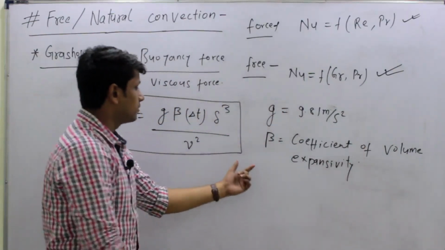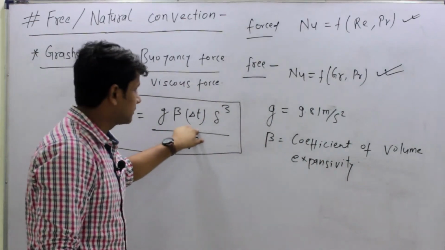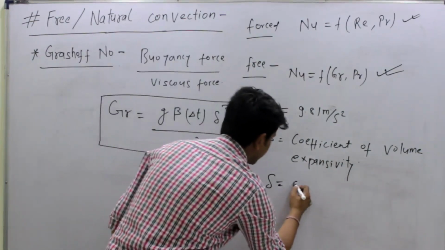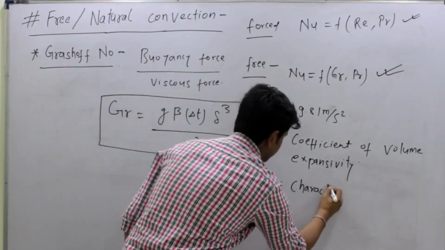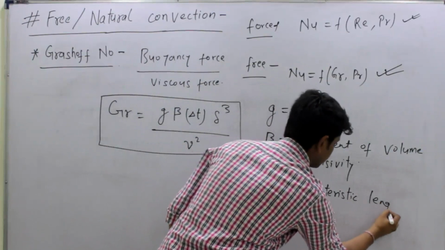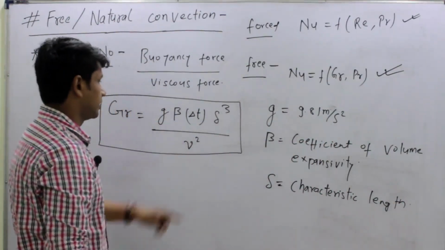Okay, beta is the coefficient of volume expansivity. Delta T is the temperature difference and delta is the characteristic length. And nu is the kinematic viscosity, which you already know.